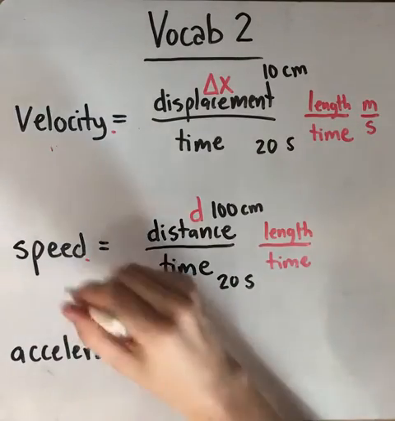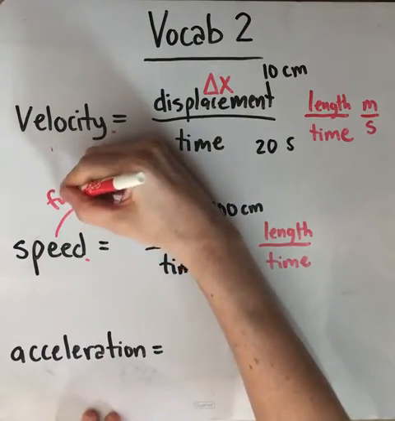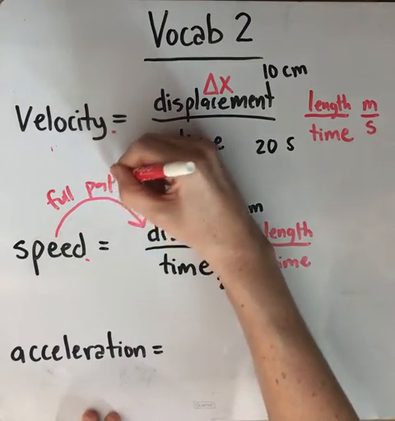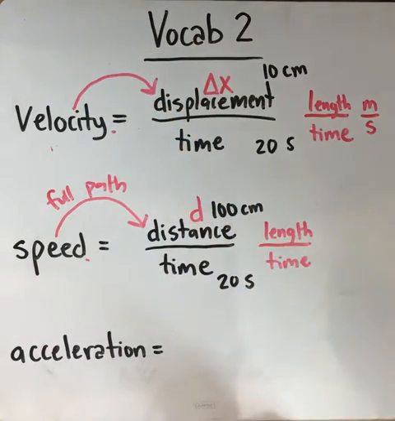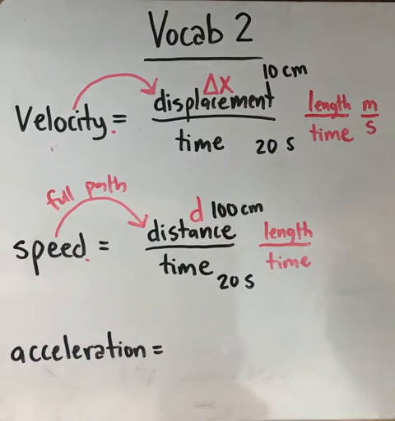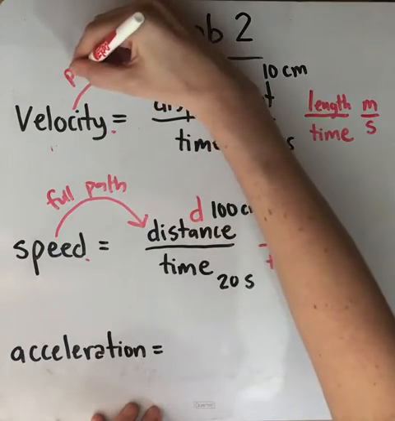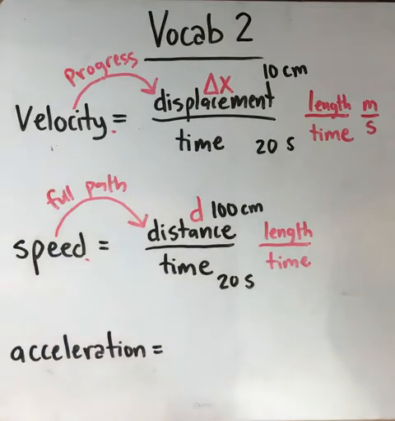Okay, so again, speed relies on distance, which is the full path. Velocity relies on displacement, which is how far you are from where you started. So I'm going to call this the progress. Are you actually getting somewhere?